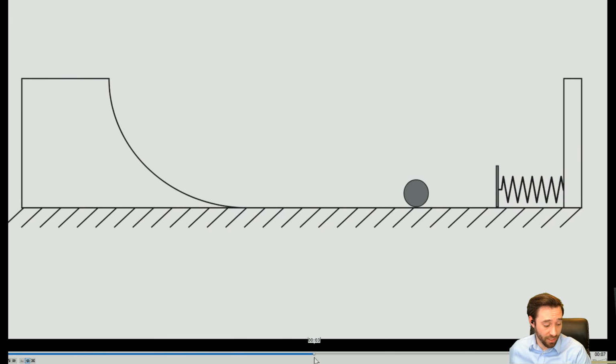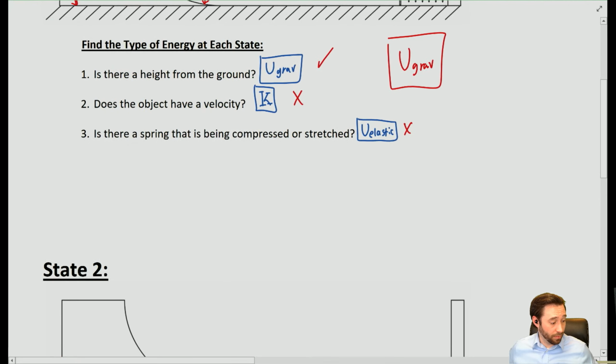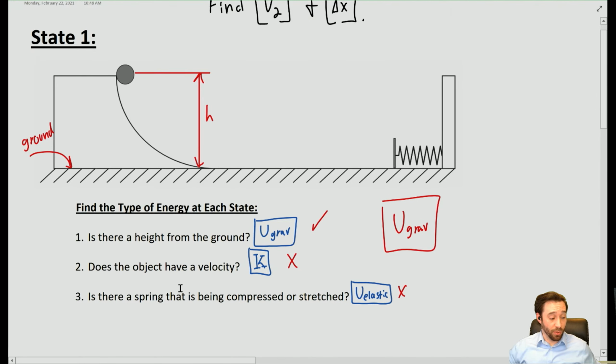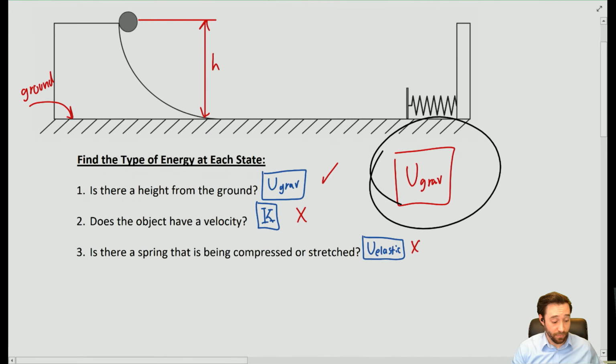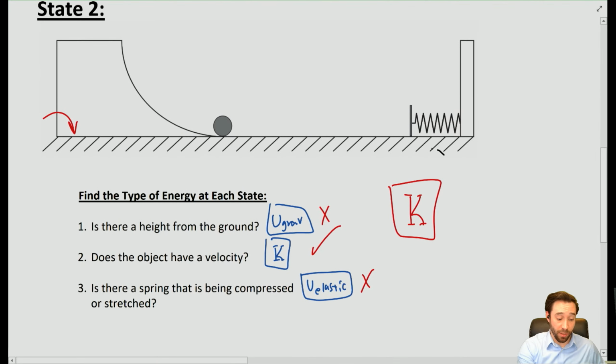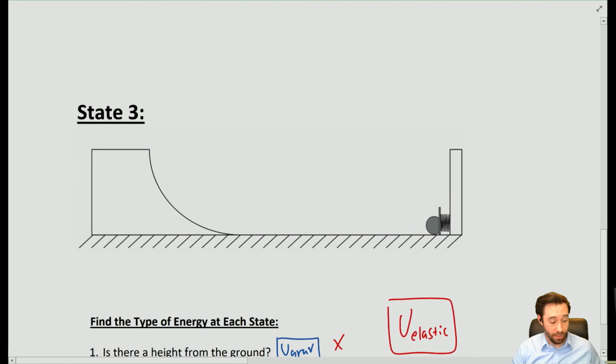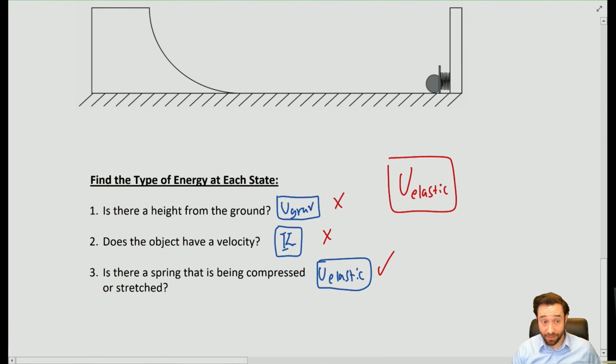State 3 is going to be the instant right before you get the launch back in the opposite direction. So this is state 3. And what we did in today's lesson was we determined which type of energy was at each state. So state 1, we ended up with gravitational. State 2, we ended up with kinetic. State 3, we ended up with elastic.